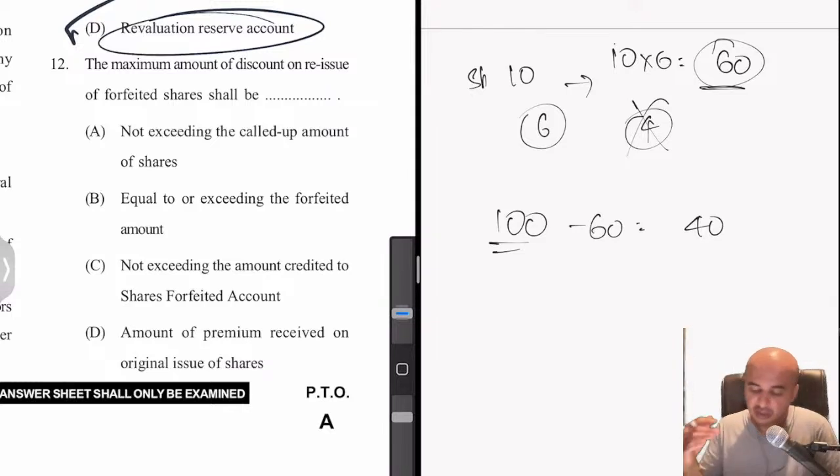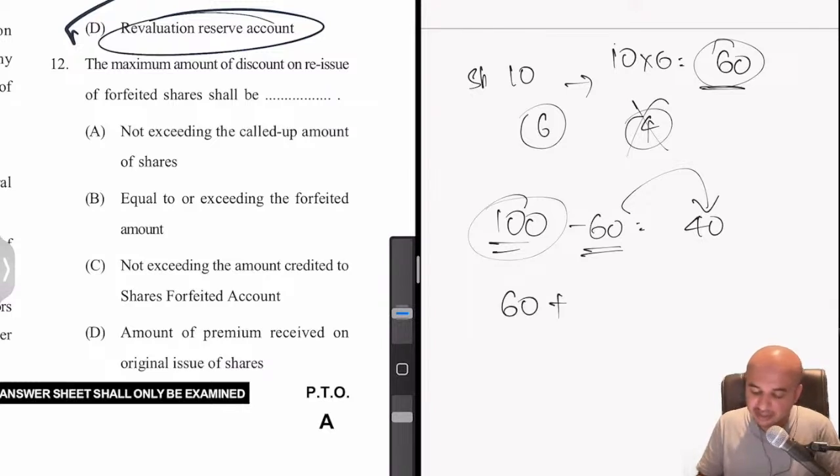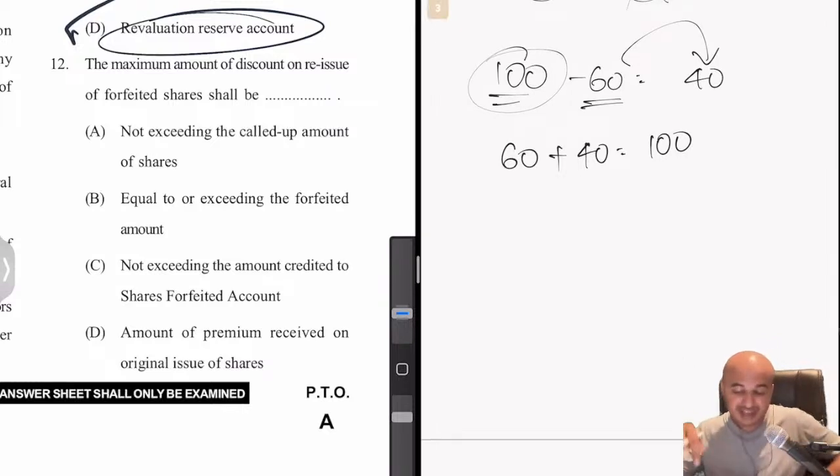That means how much discount can I allow? So 100 rupees might be the face value, but I will still be able to allow a discount of 60 and collect only 40, because the amount already collected plus the reissue price should be equal to face value. As long as this is satisfied, you don't have to worry much. So therefore in this case, what is the right answer?